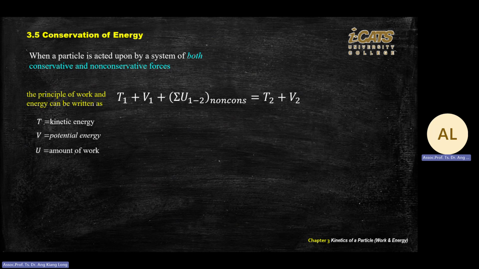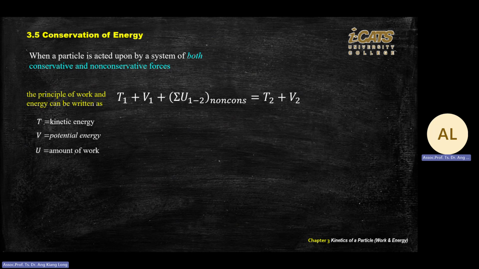If the question forces you to apply the principle of work and energy, you need to consider kinetic energy and potential energy in your equation. So you know that you have two types of energy, kinetic and potential.